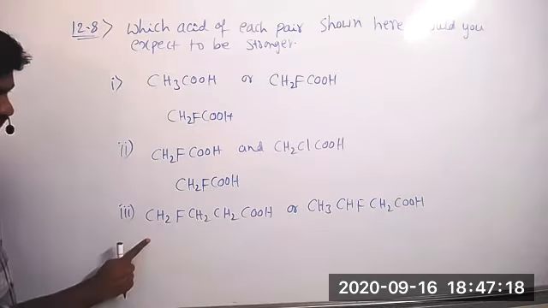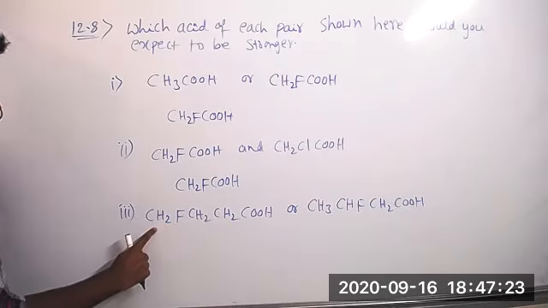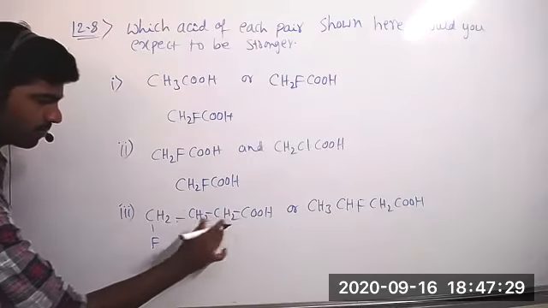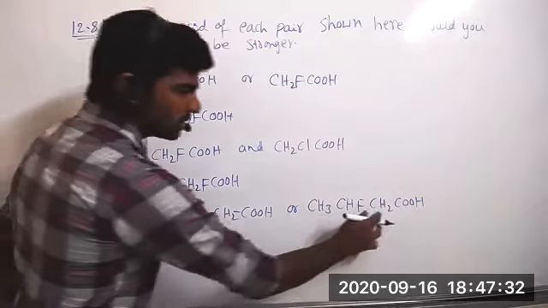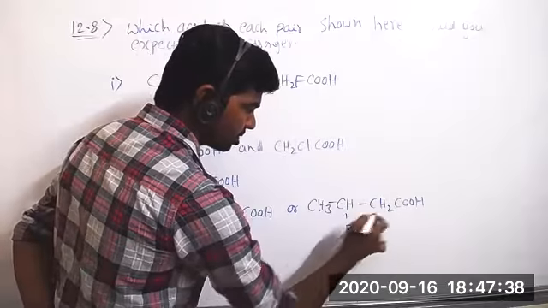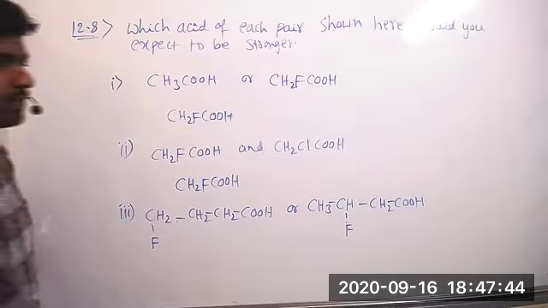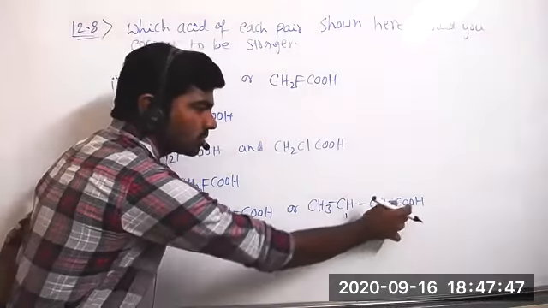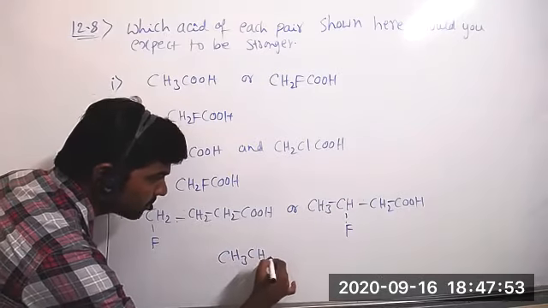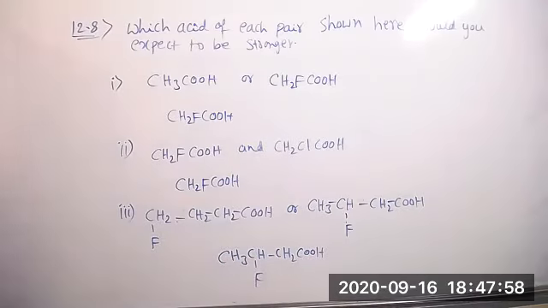In this molecule, counting from the acyl carbon, the second carbon is CH2, the third carbon, and the fourth carbon is attached to the fluorine atom, so conveniently you can write F there. But in the other molecule, the third carbon is attached to the fluorine atom. Both have the same formula, so if the electron withdrawing group is closer to the acid group, that one is more acidic. So the highly acidic one is CH3CHFCH2COOH, where the electron withdrawing group is closer to the acid group.